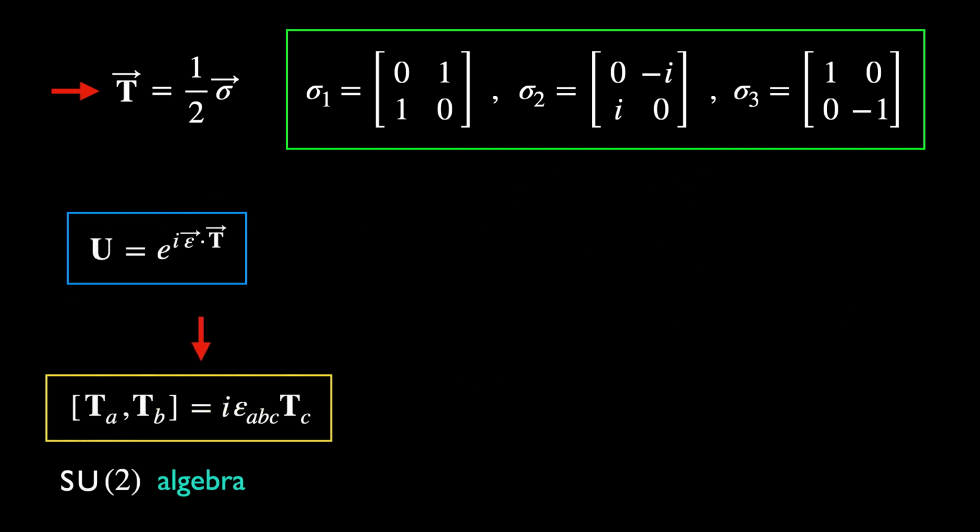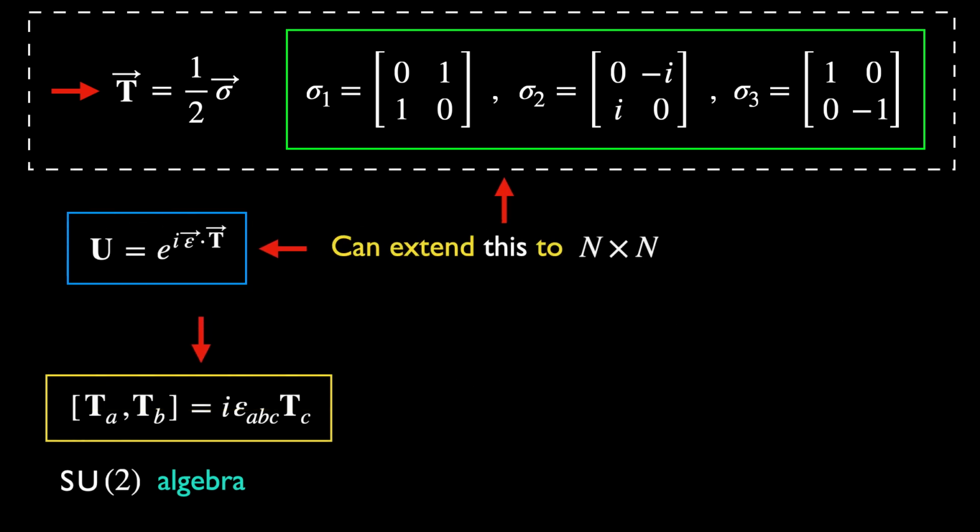The SU(2) algebra allows us to extend the representation of rotation or isospin beyond 2x2 matrices to n by n, as long as we replace this set of 3 generators with the corresponding n by n ones, which also satisfy the SU(2) algebra.